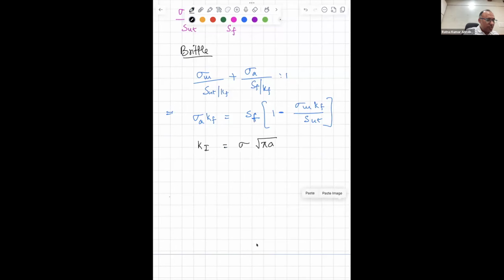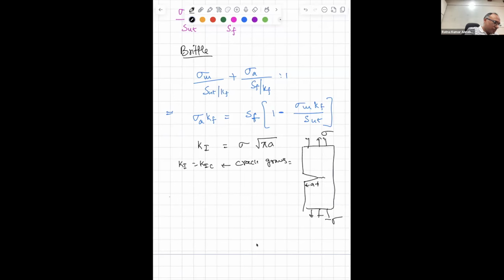This is for a system where you have a crack like that, the initial length of the crack is a, and you are applying a far field stress sigma. Some factor will be there, but I am assuming it to be negligible. When does this crack start growing? When K1 becomes equal to K1C. That is when the crack grows, isn't it?